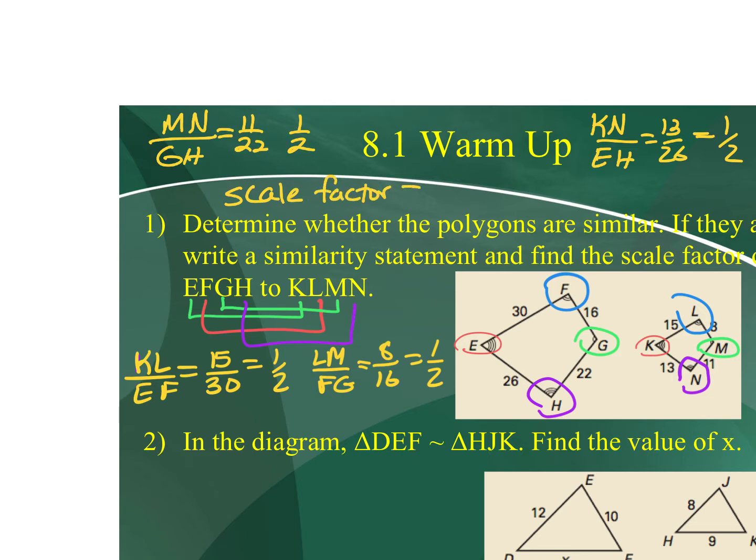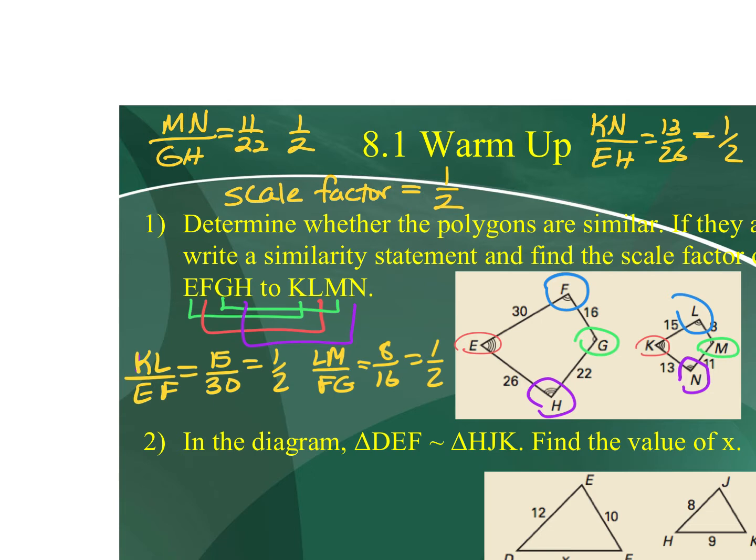Now, because all of the sides are proportional and because all of my angles have a congruent match or pair, then I can say, yes, these two figures are similar. And coincidentally enough, EFGH to KLMN, that is the correct order of the letters.